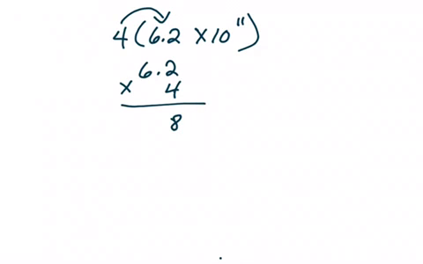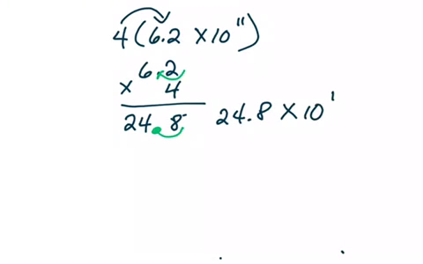Then 4 times 6 is 24. I look at this decimal here. I move 1 in like this. So my answer so far is 24.8 times 10 to the 11th power. Well, I just got done telling you you can't have that.